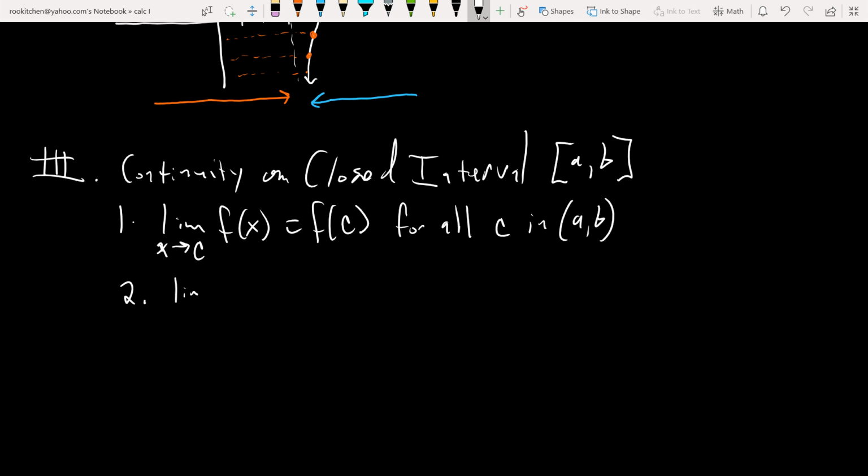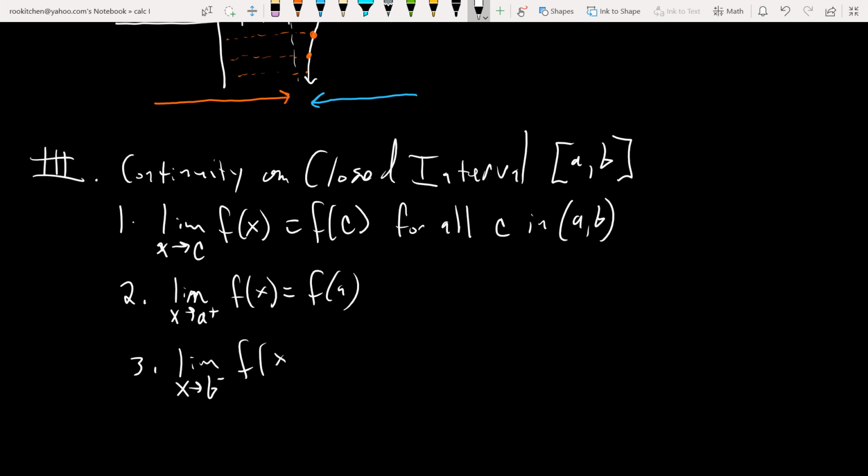The limit as x approaches a from the right of f of x needs to be f of a. And then thirdly, the limit as x approaches b from the left of f of x has to equal f of b.